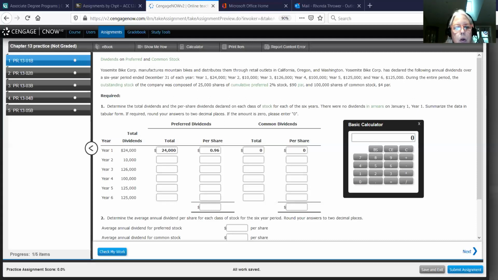Okay, so the number of shares of outstanding preferred stock is going to be multiplied by the preferred dividend rate times the par value. That's how we got the 45,000. So 25,000 times 2% times $90 gives you $45,000. This is the amount that we owe to our preferred stockholders.